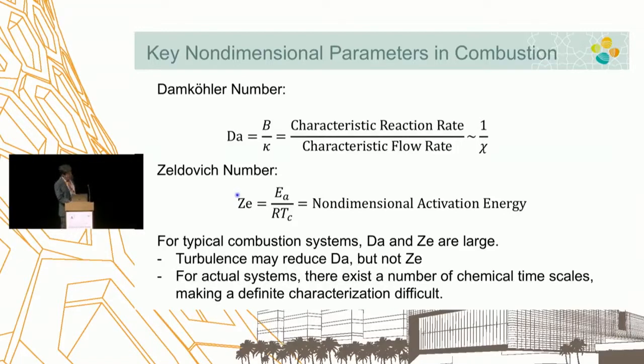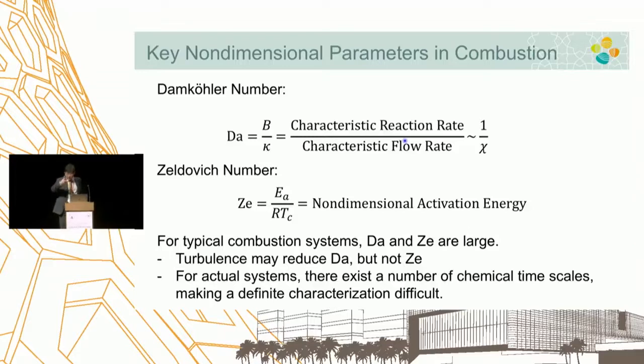There are 2 major parameters, especially in combustion. In fluid dynamics, we talked about Reynolds number, Prandtl number, and so on. In the combustion system, there are 2 most important parameters. The first one is the Damkohler number, which has many different definitions. It's formally defined as a ratio of the characteristic reaction rate to the characteristic flow rate.